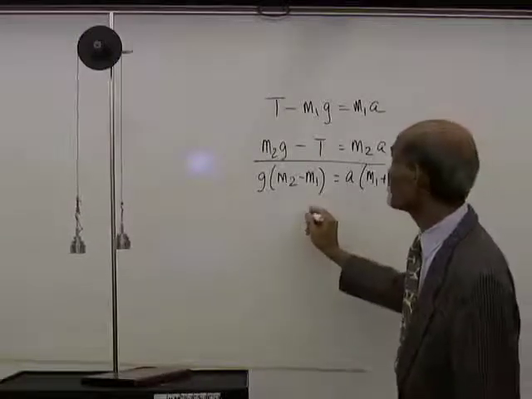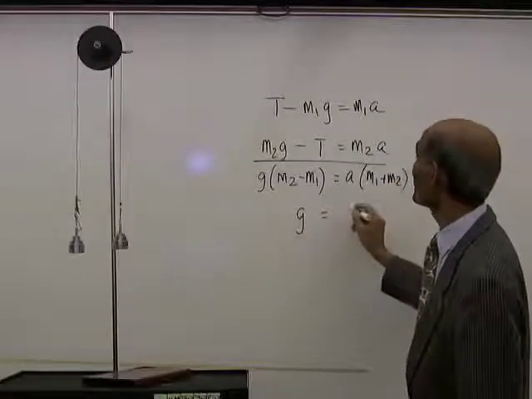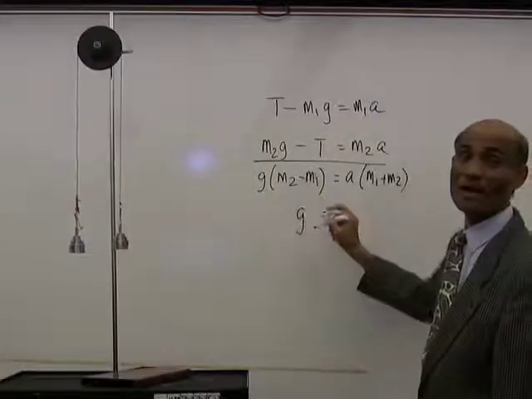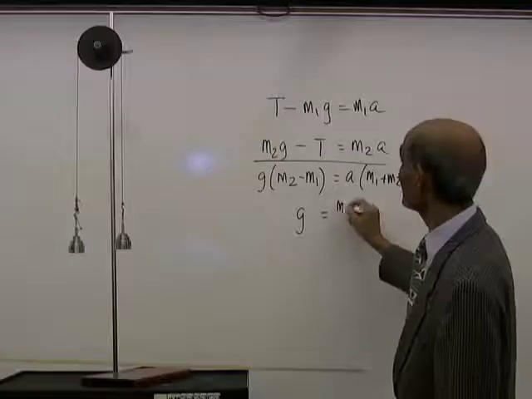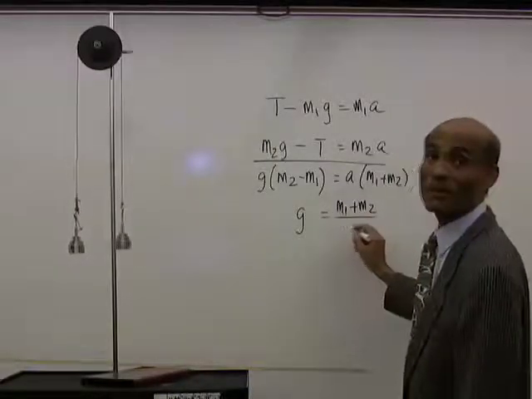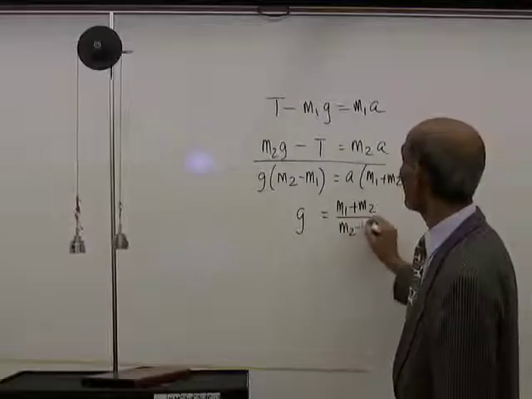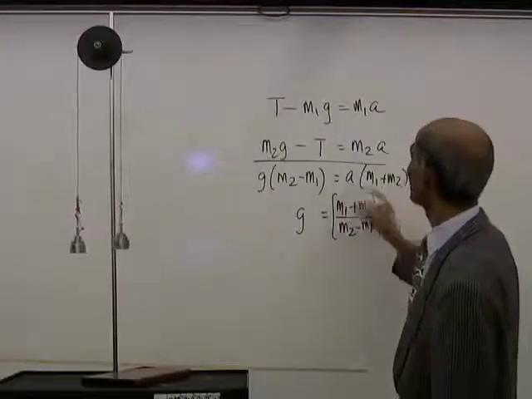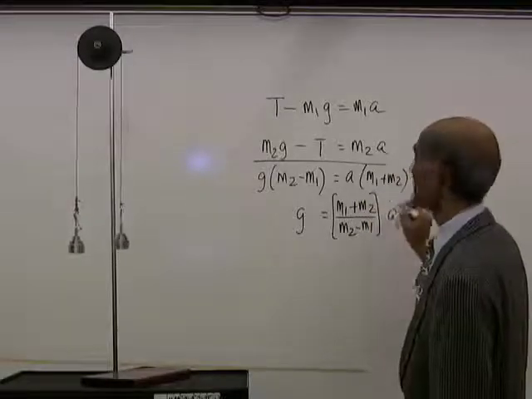And solve it for g. g equal to (m1 plus m2) divided by (m2 minus m1). Is that right? (m1 plus m2) divided by (m2 minus m1), that quantity multiplied by a.